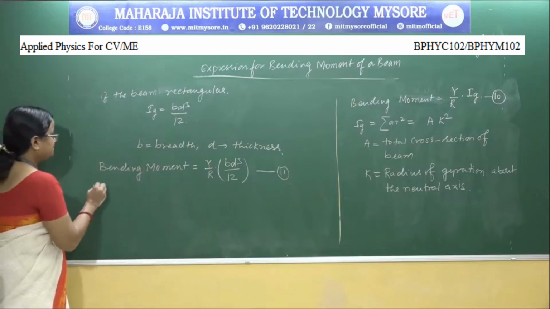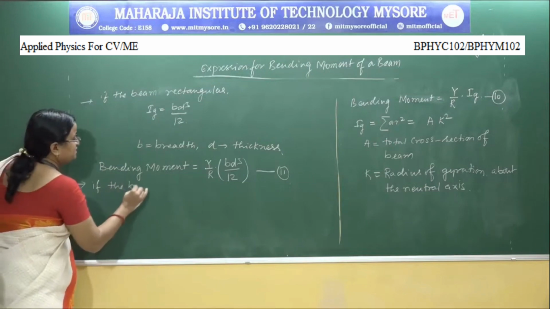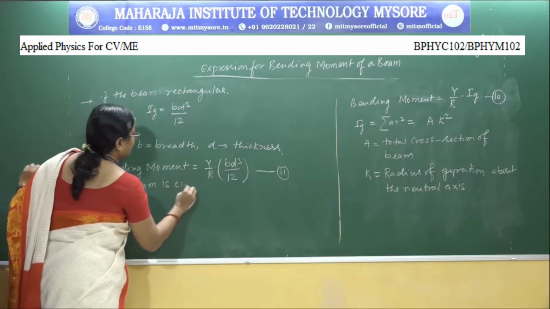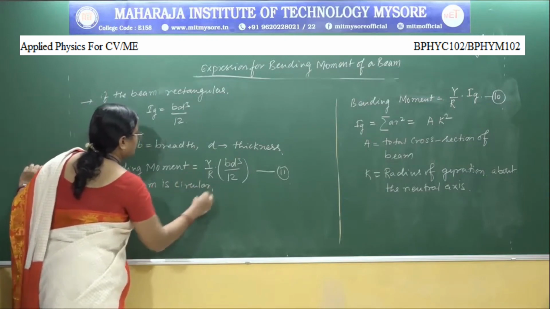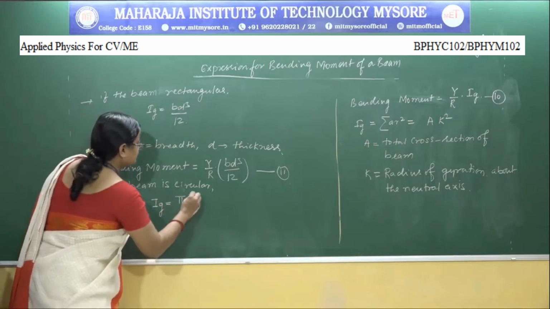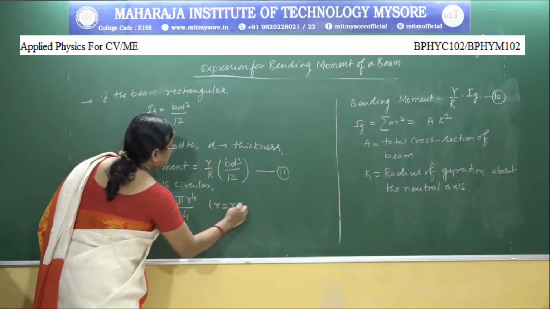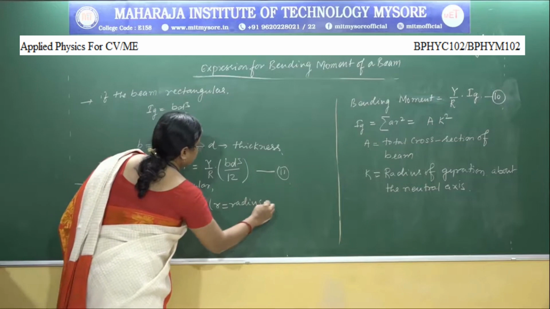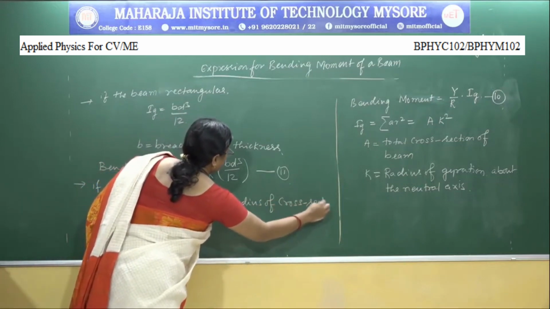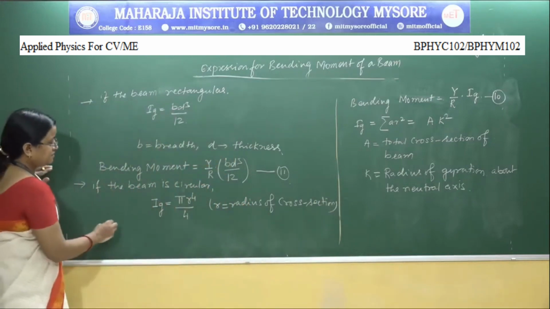And if the beam is circular, then Ig, so then what we get?